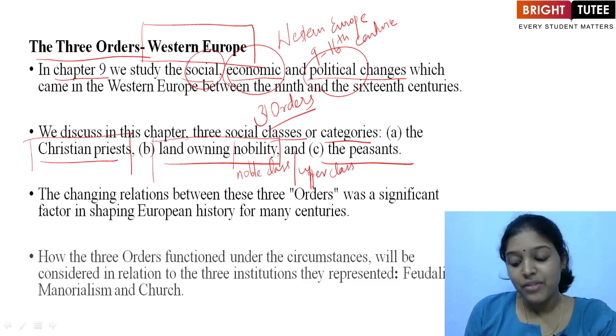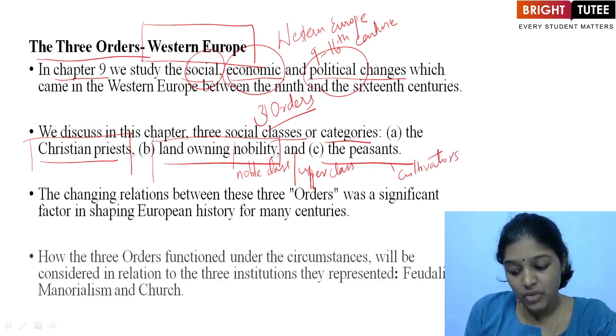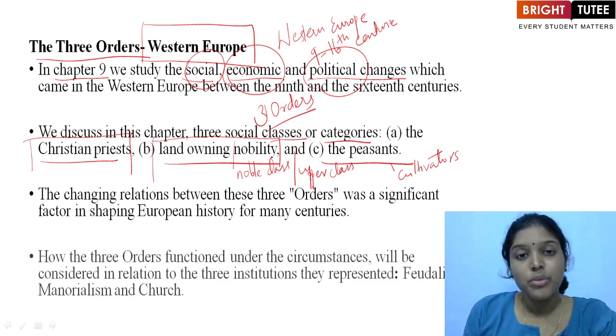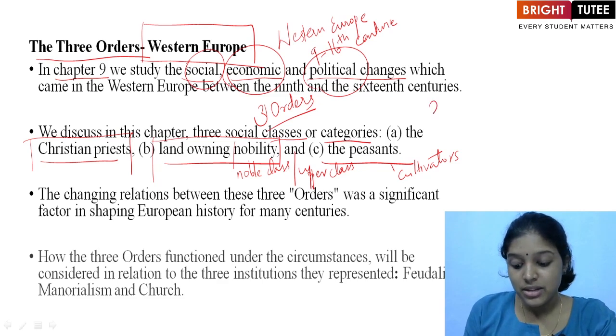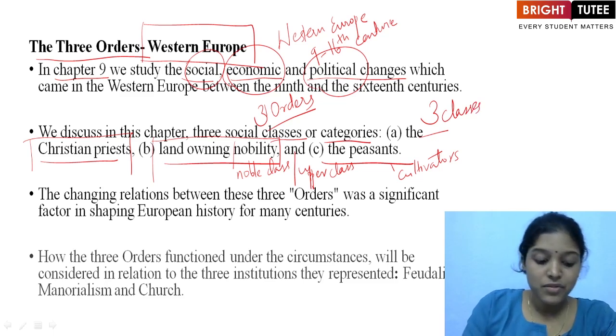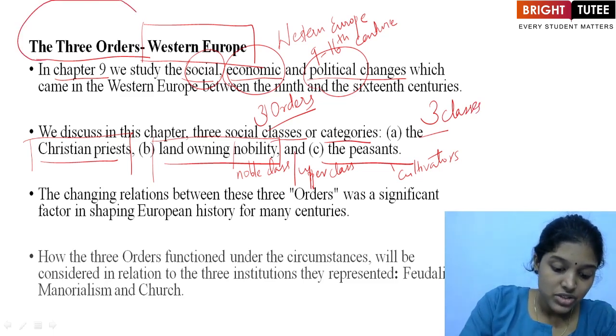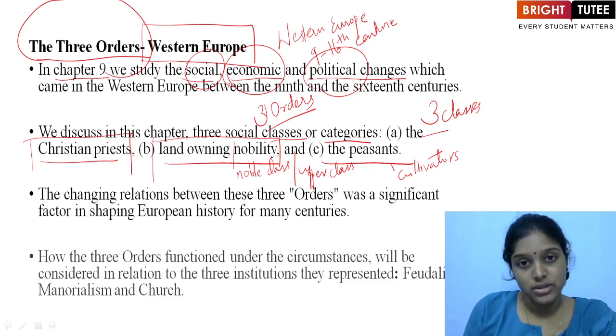And then at the lowest strata, we have the peasants or the cultivators who tilled the land and worked hard. So majorly the social division of the society was into these three different classes or orders. That's why we have the title of the chapter as three orders.